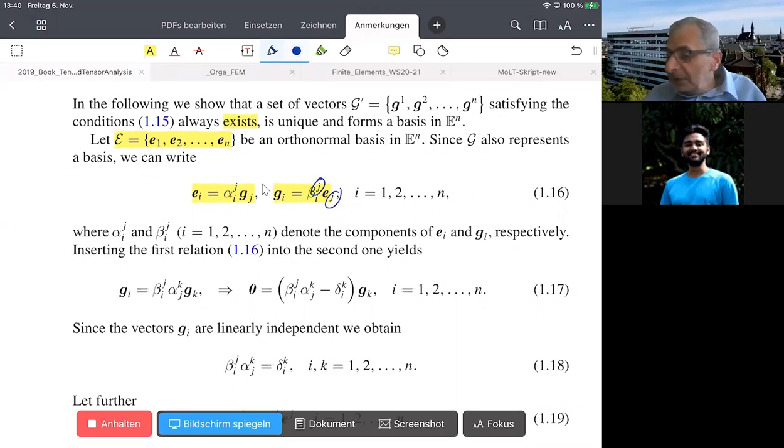What is important is the following: I take this e_i and insert it here instead of this ij. I should only be careful again. You see here summation over j, and here summation over j doesn't work. I change j to k.